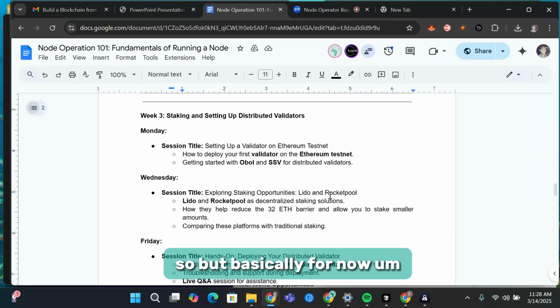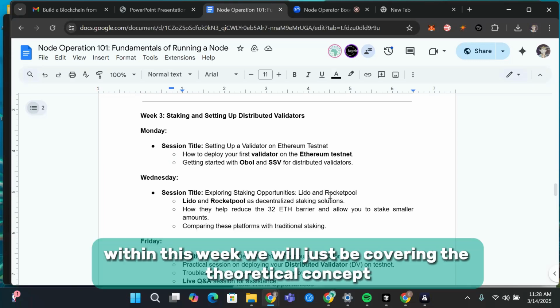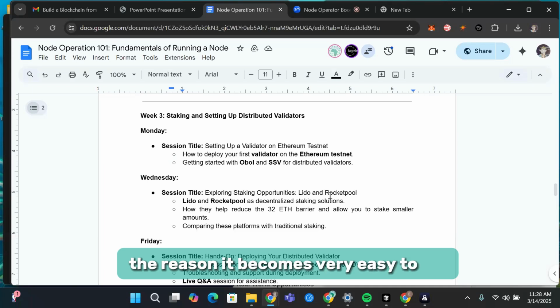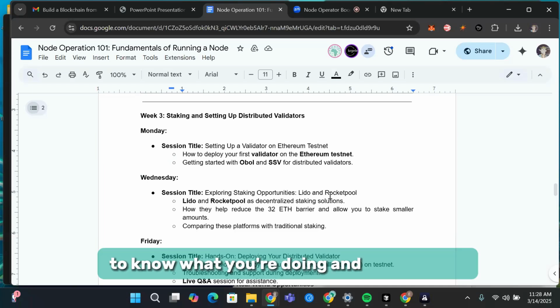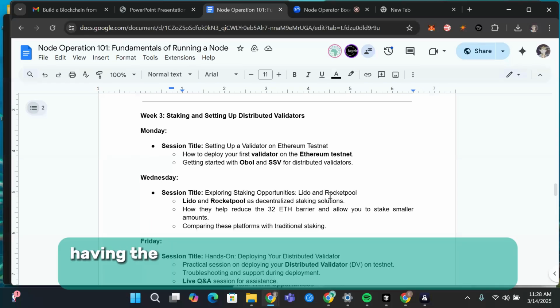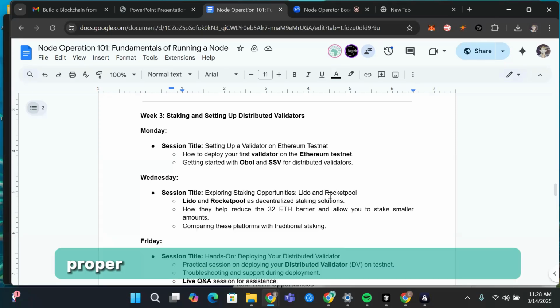For now, within this week, we will just be covering the theoretical concepts, because if you're able to understand the whys, the reasons, it becomes very easy to know what you're doing, and also why they are doing it the way they are doing it. So having the theoretical understanding first gives you that proper understanding of how the mechanism works.